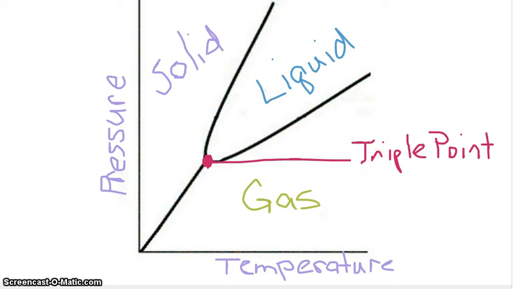And what that means is that if you get under the right conditions with the pressure and temperature, so if we were to actually go and get the pressure and temperature exactly right, we can get all three states of matter, solid, liquid, and gas, to be present and exist at the same time.